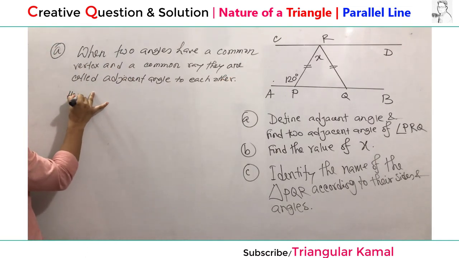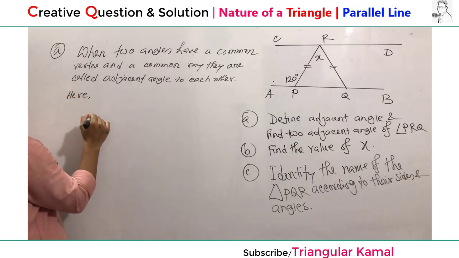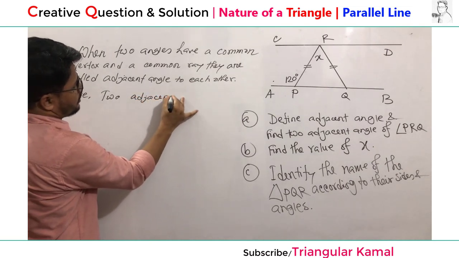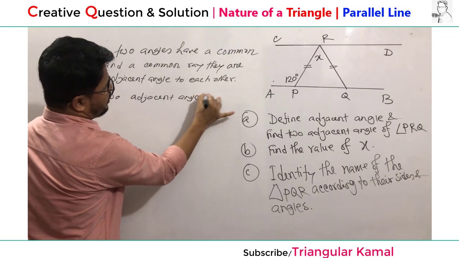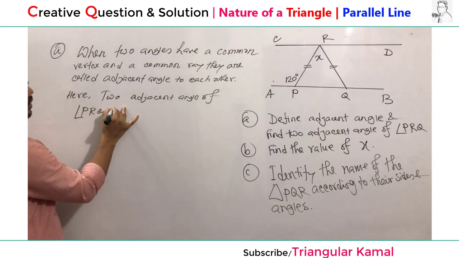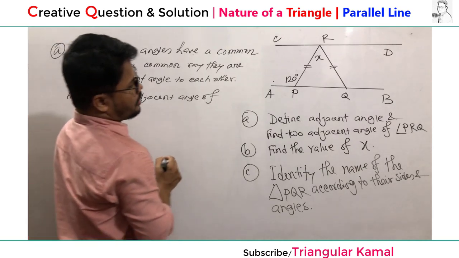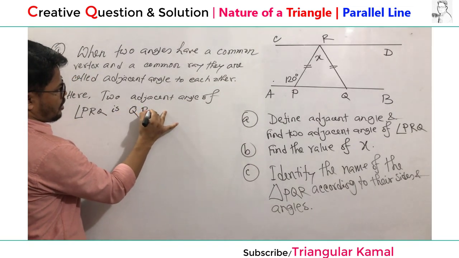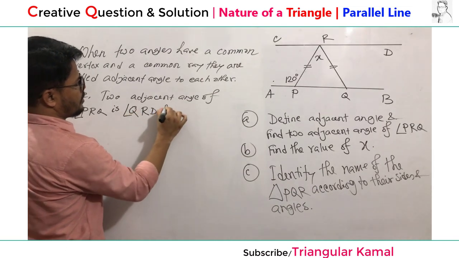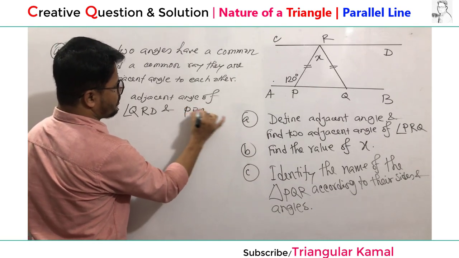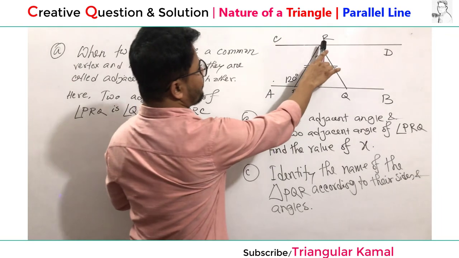Here are two adjacent angles of PRQ. Angle PRQ is adjacent to QRD and PRC because they have a common vertex.